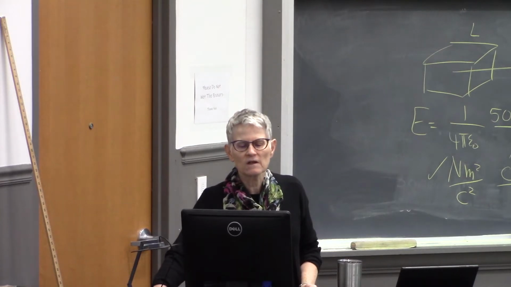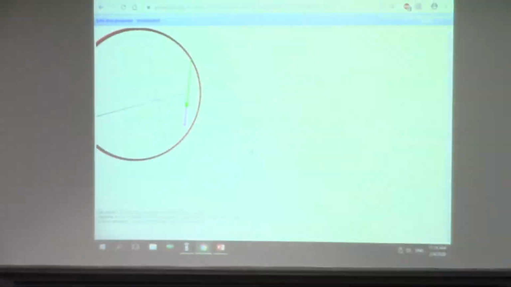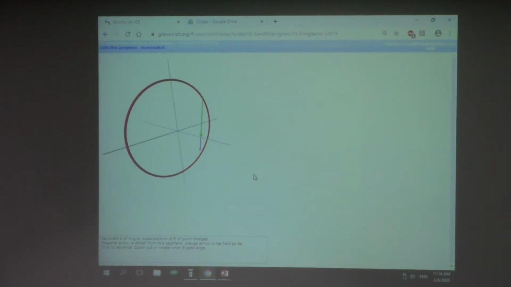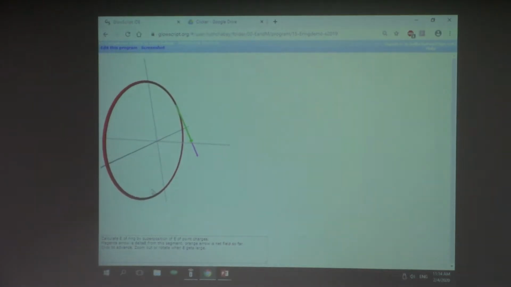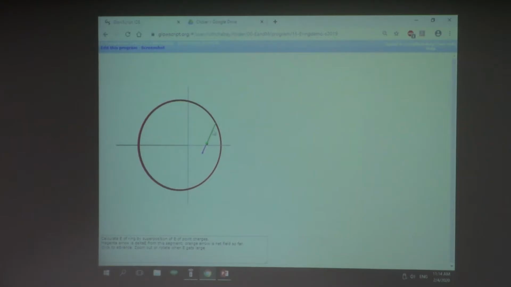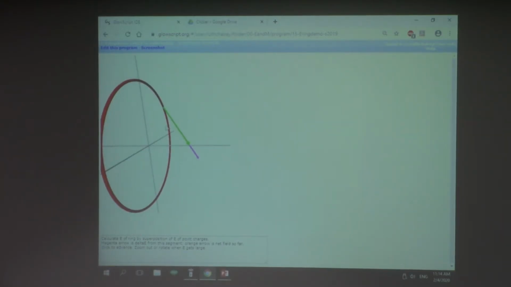Here's our piece, and you can see why I'm doing this in VPython instead of trying to draw it on the board initially. We have a little piece here, and our observation location is on the Z axis. So the green arrow is r, and the little purple arrow is the contribution delta E of that little piece of the ring.